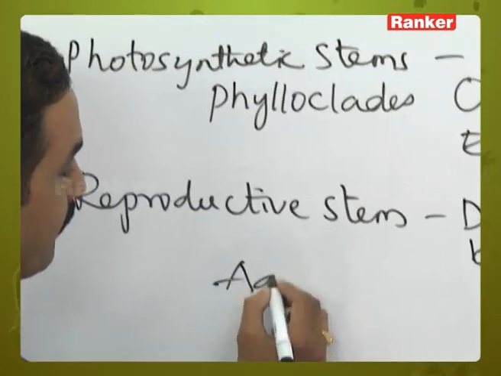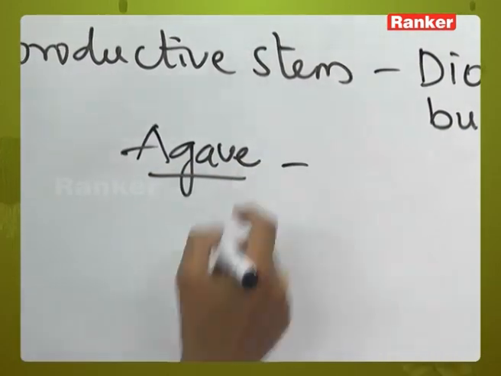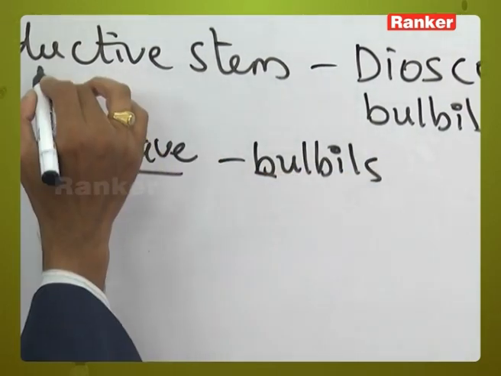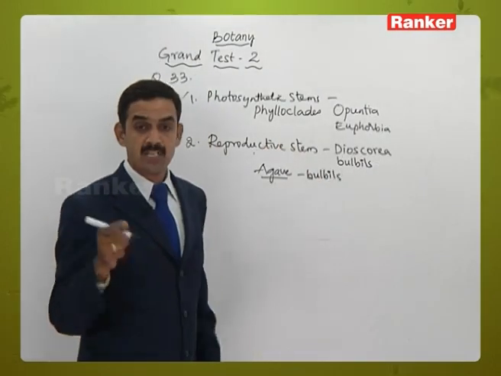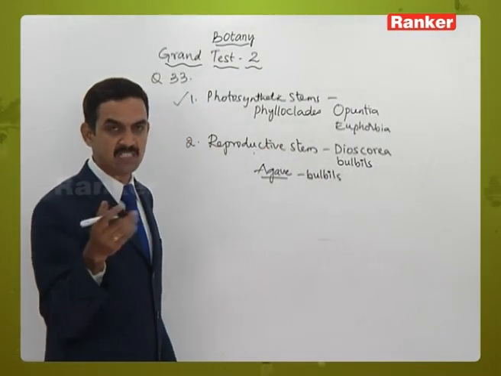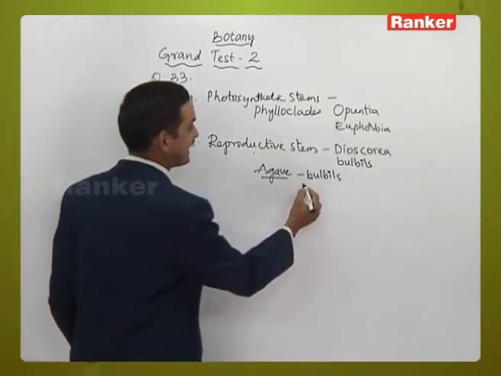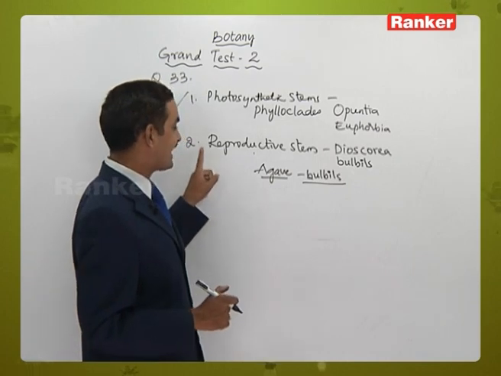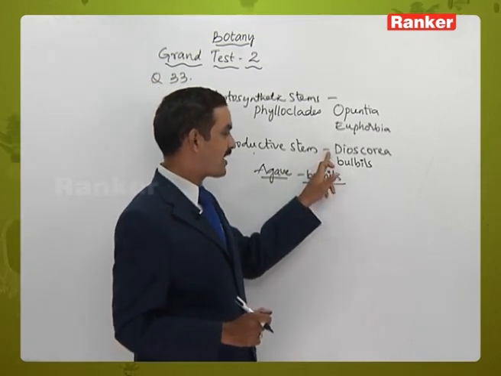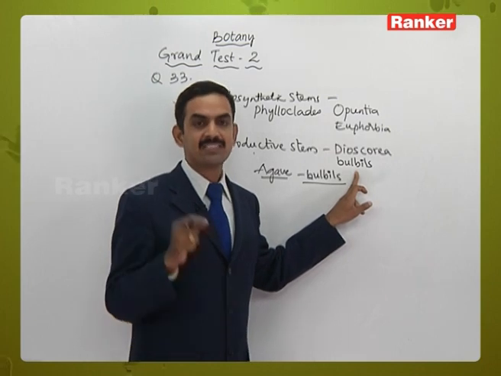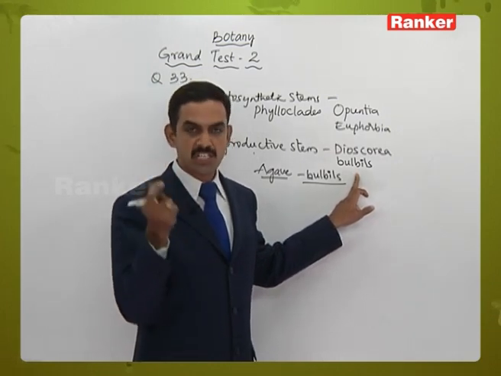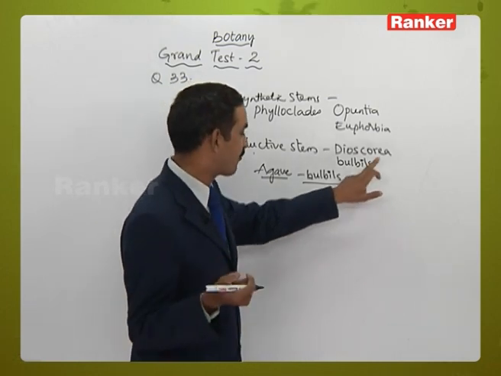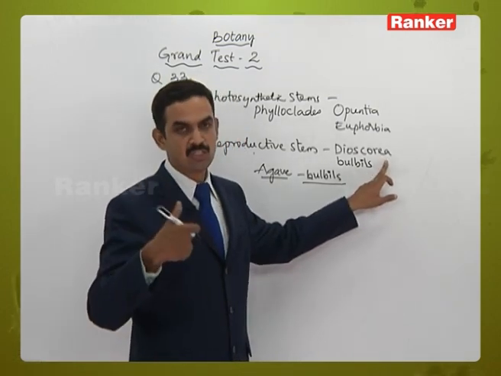Then agave. In agave, bulbils are there, and these bulbils help in vegetative propagation. They are not coming from the stem; they are part of the inflorescence, formed somewhere in the bract region. So this is incorrect. Okay. Once again, coming to option 2, reproductive stems: Dioscorea produces bulbils, where the floral bud or vegetative bud develops into a bulbil that separates from the parent plant to produce a daughter plant.